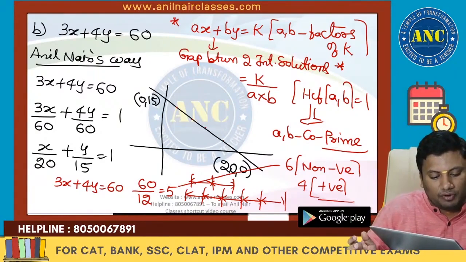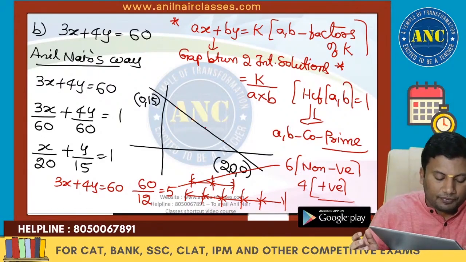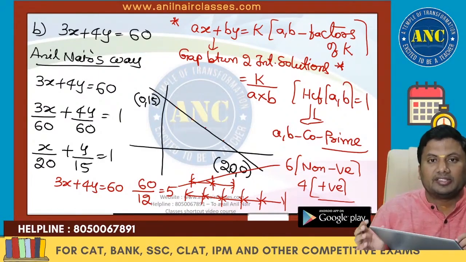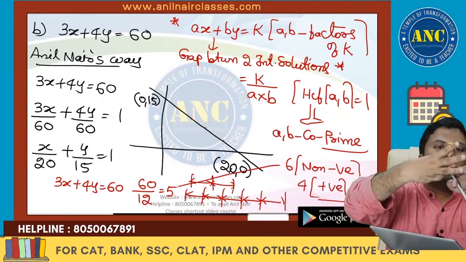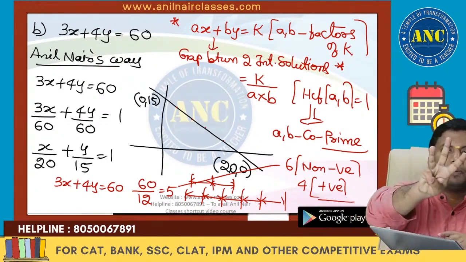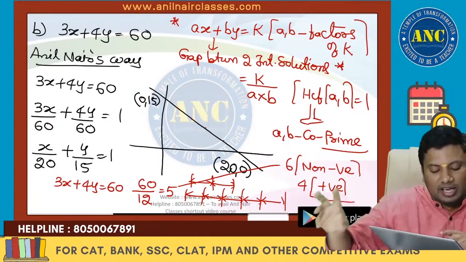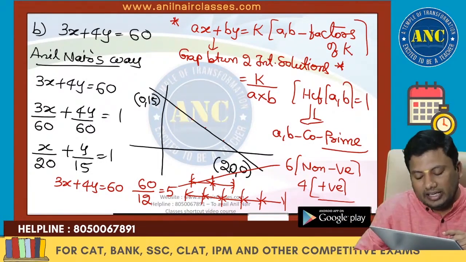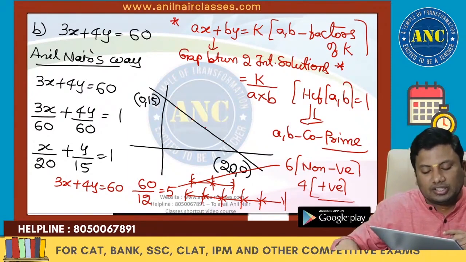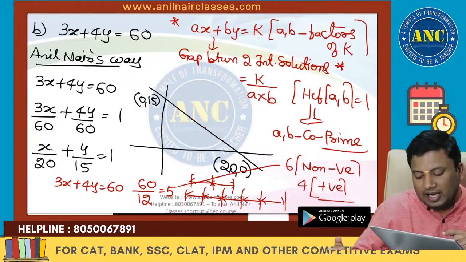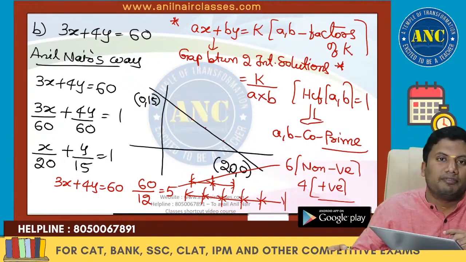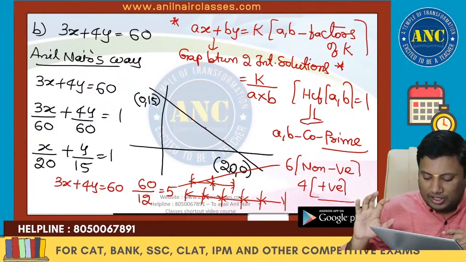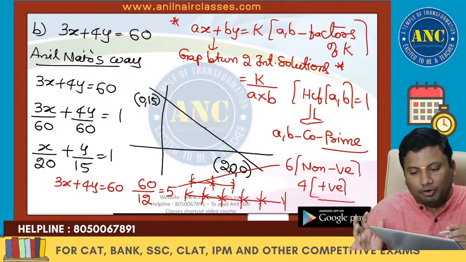3x plus 4y equals 60. 60 by 12 is 5. If there are 2 gaps, there are 3 solutions. If there are 5 gaps, then there are 6 non-negative integral solutions. X0, Y0, 2 cases are eliminated, then there will be 4 positive integral solutions. 6 non-negative and 4 positive.